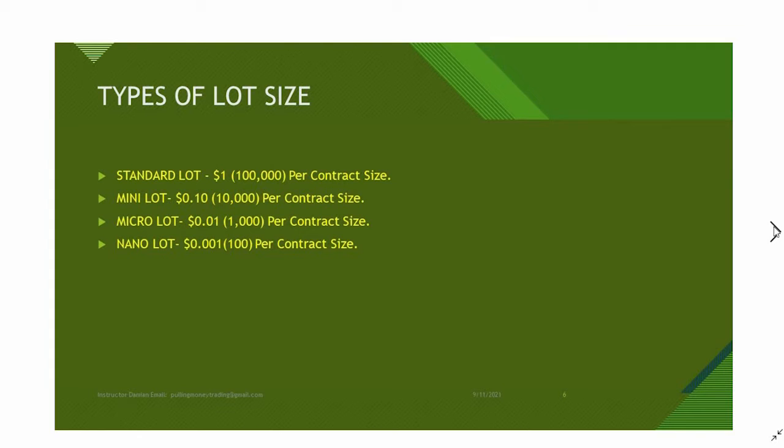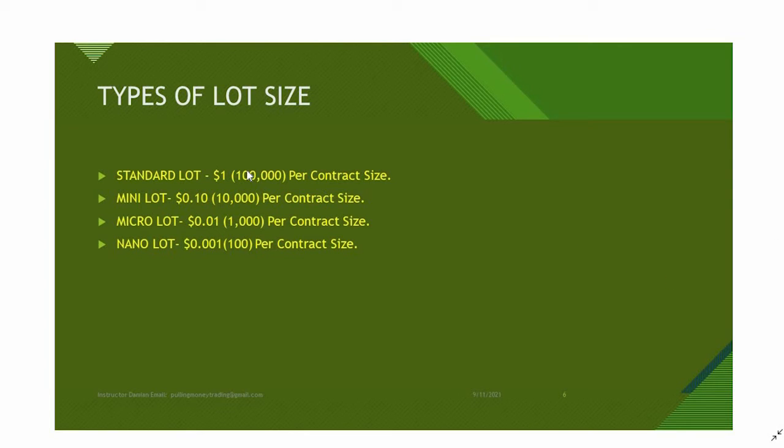Mini lot, 10,000 per contract size, which is 0.10 cent, right? Micro lot, 1,000 per contract size, which is 0.01. Nano lot, 100 per contract size, which is 0.001.